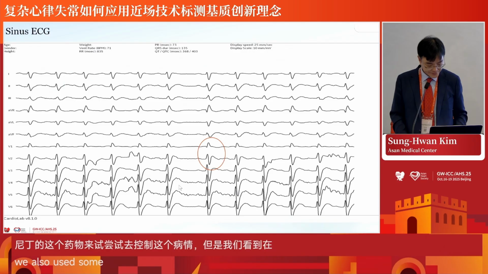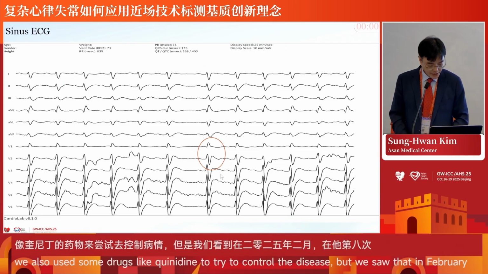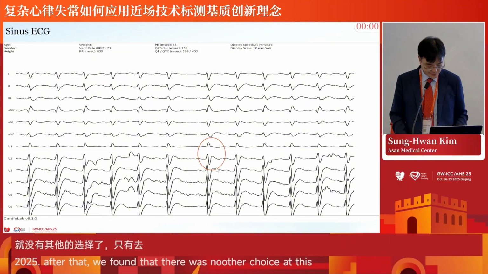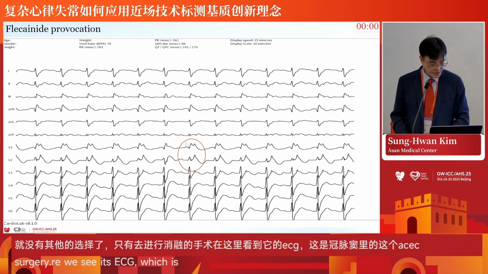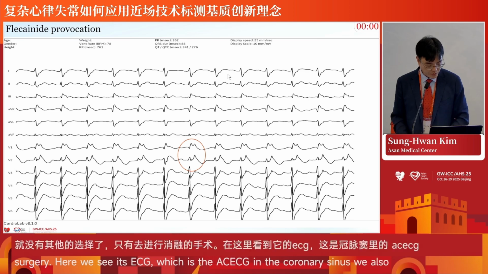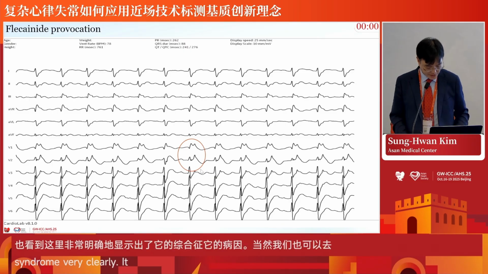This is a sinus ECG. We cannot find a very definite type 1 Brugada syndrome ECG. But I infused flecainide to provoke the Brugada ECG. We can clearly see the type 1 Brugada ECG.